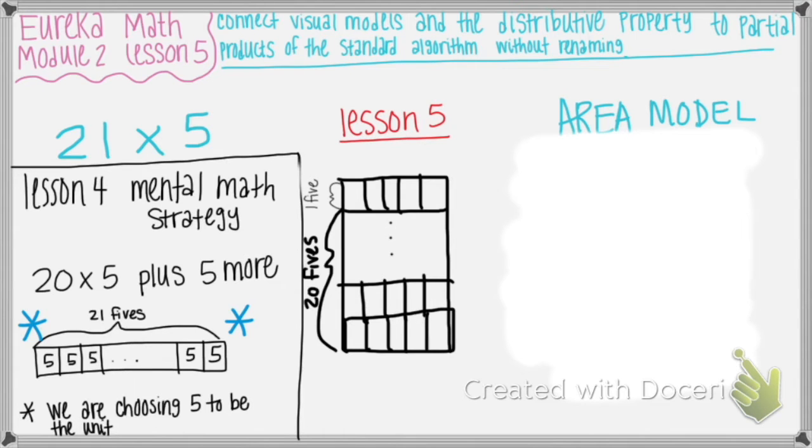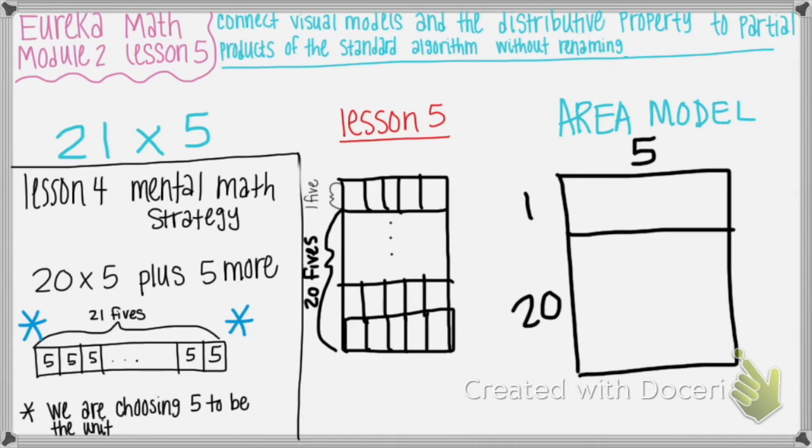But instead of drawing each individual box, we just need to label the length and the width and know to multiply the lengths times the width. So in this case, I have 1 times 5, which gives me a partial product of 5 in that box. And then 20 times 5 would be the area of this space.